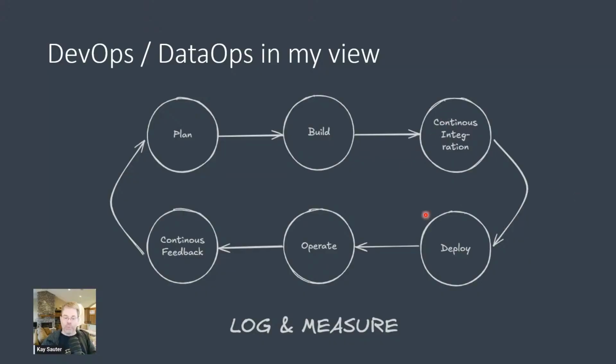Important here with the continuous feedback, and also to understand what actually happens, is logging and measuring. Again, we want to understand what happens in our solution and what happened in terms of measurement. Imagine if you get more and more data, then the data load can get longer and longer, up to maybe 8, 10 or 12 hours.